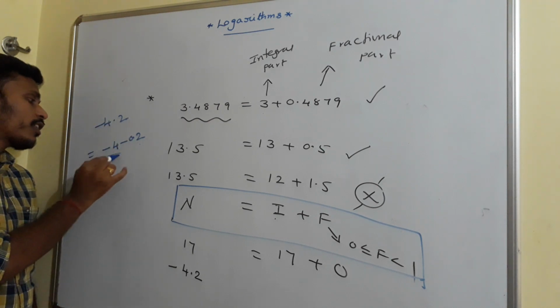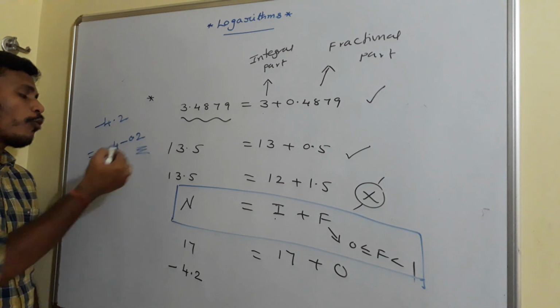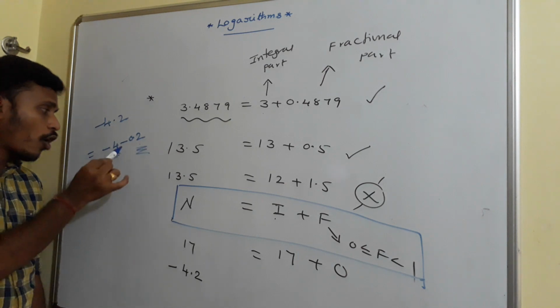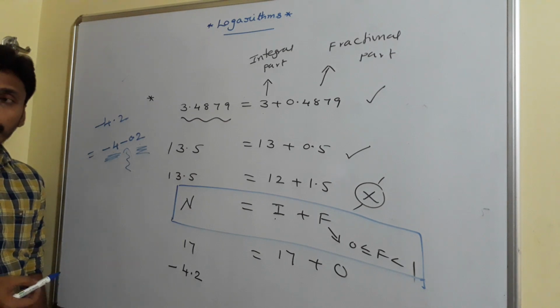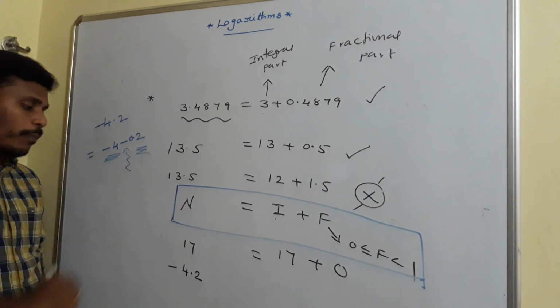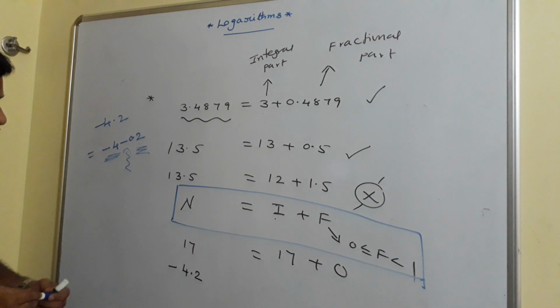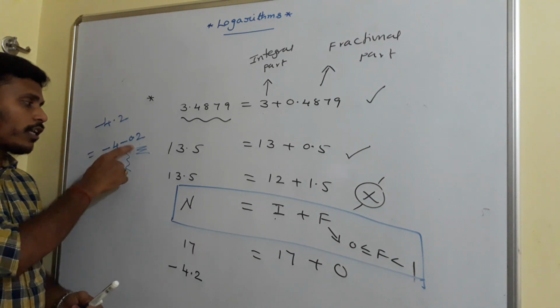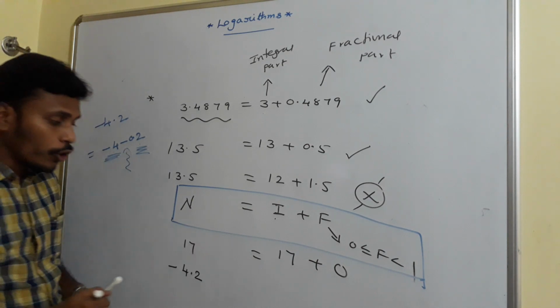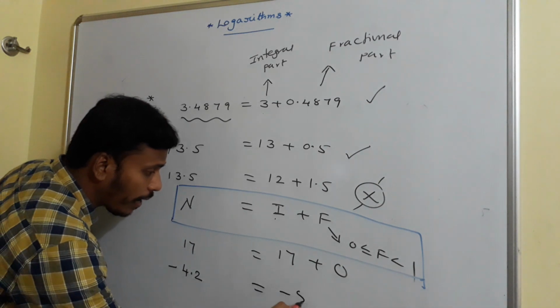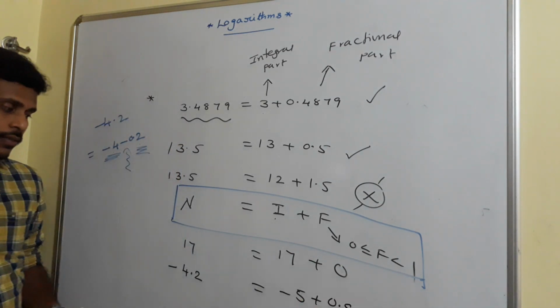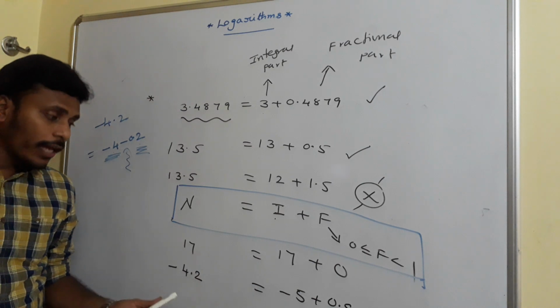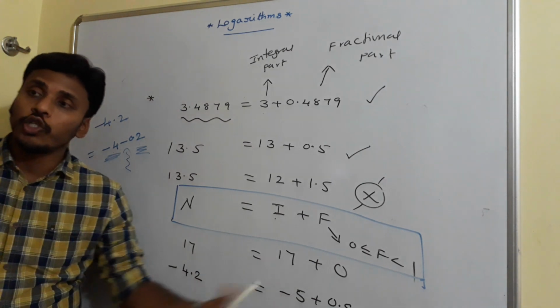But you can't say this minus 4 as the integral part and 0.2 as the fractional part, because in between those two, you need to utilize the plus sign itself. But here it is minus sign. So to get the plus sign, you don't write this minus 4.2 as minus 4 minus 0.2. You need to write it like minus 5 plus 0.8.